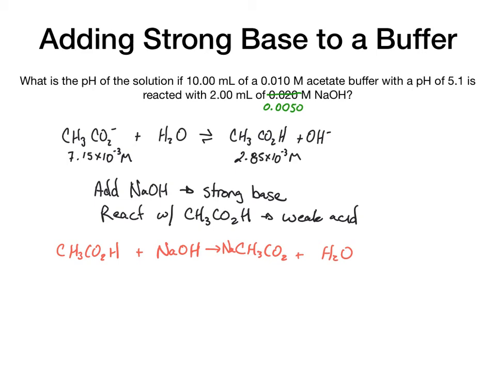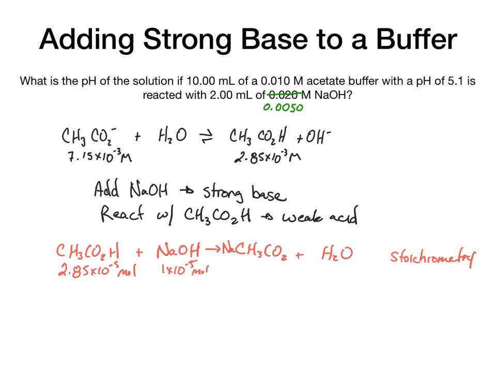And so this is a single arrow, and so this is stoichiometry, which uses moles. And so I'm starting with 2.85 times 10 to the minus 5 moles of the acetic acid. I have 1 times 10 to the minus 5 moles of NaOH.